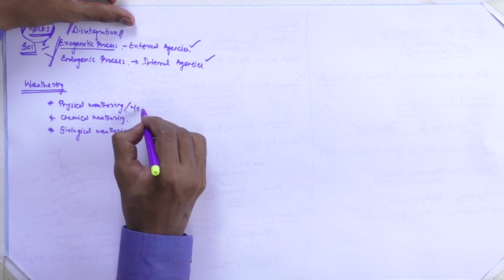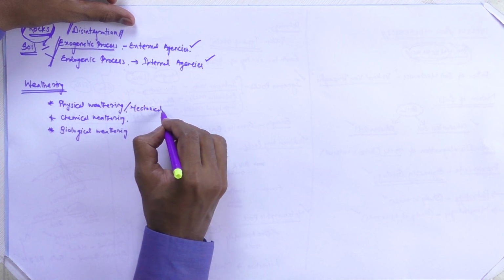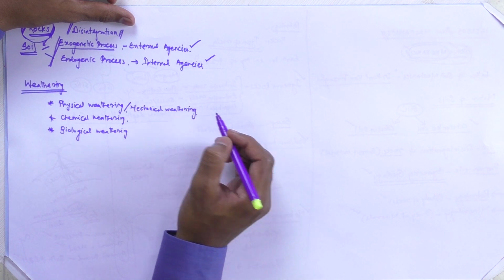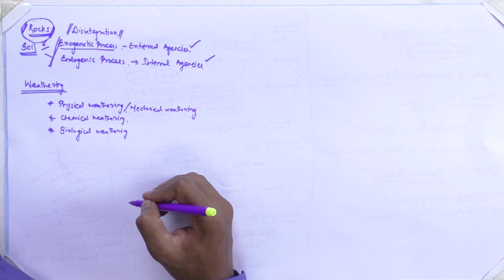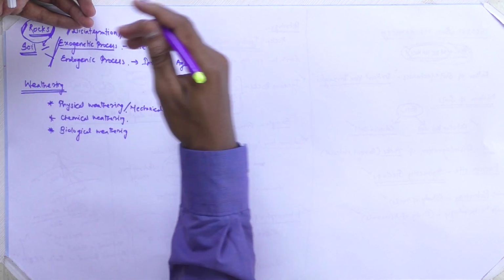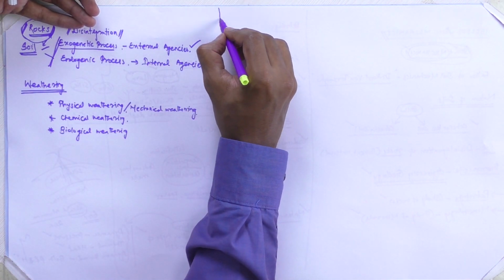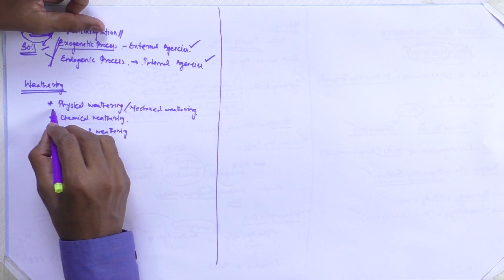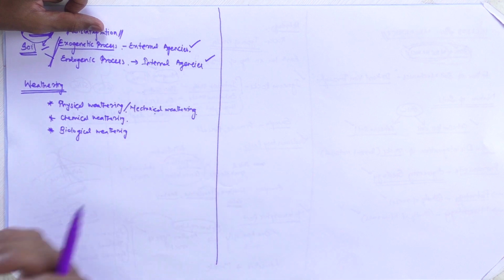Physical weathering, in other words mechanical weathering. We should learn about these weathering processes, and only then does it lead to the behavior concepts. So physical weathering or mechanical weathering.